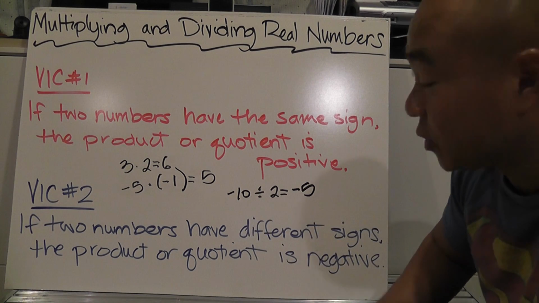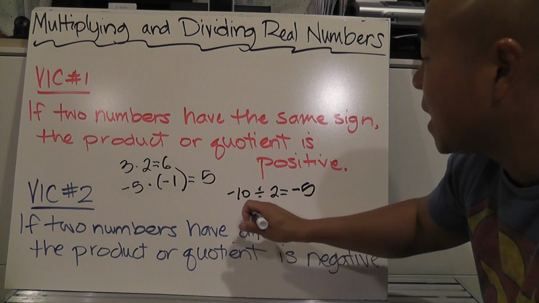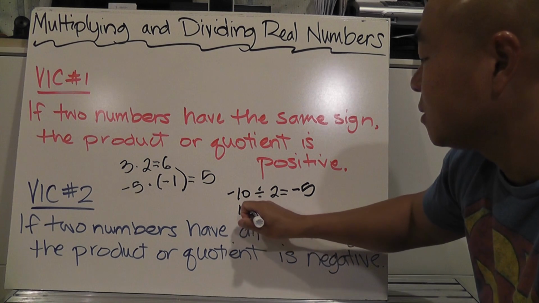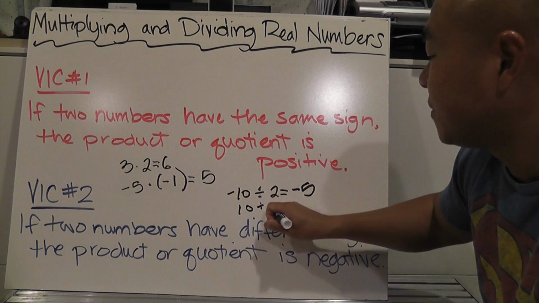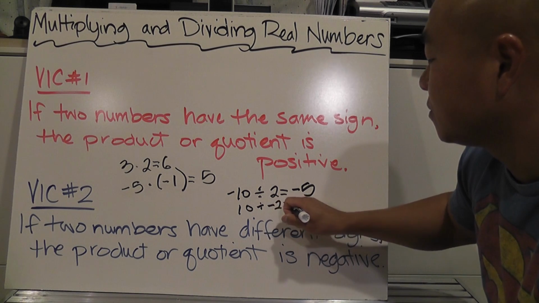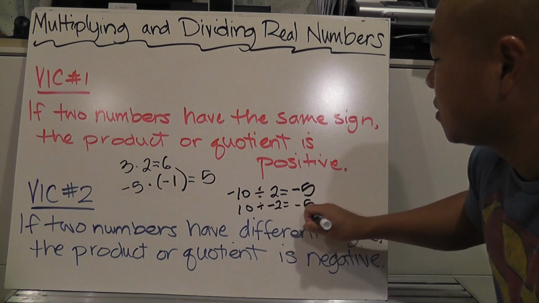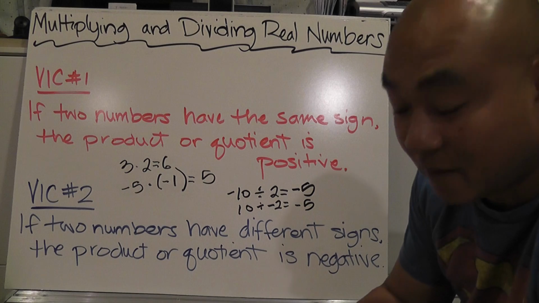If the signs are reversed, you'll also have the same answer. Positive 10 divided by negative 2, you'll still get negative 5.